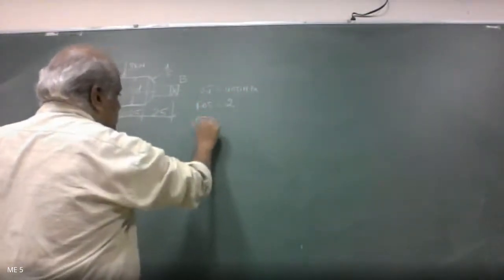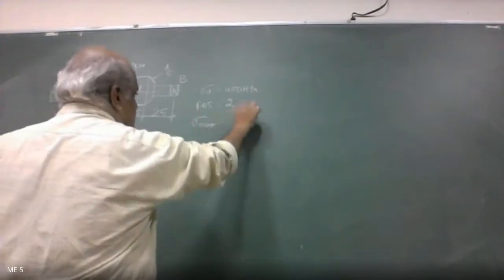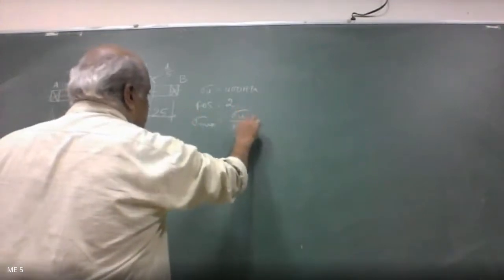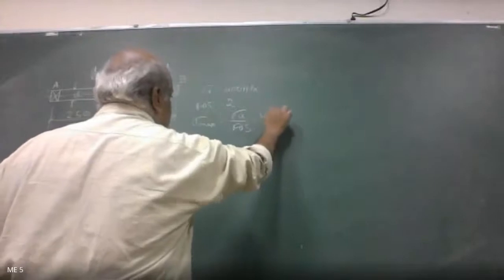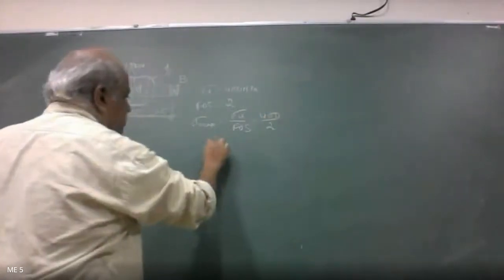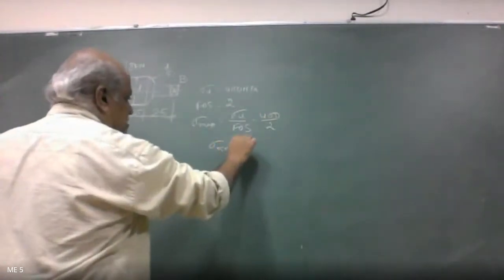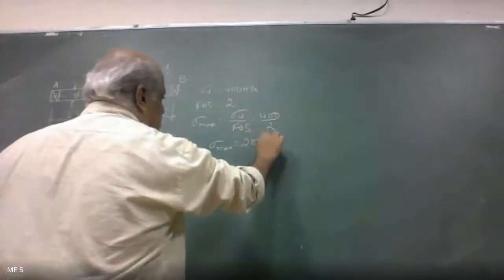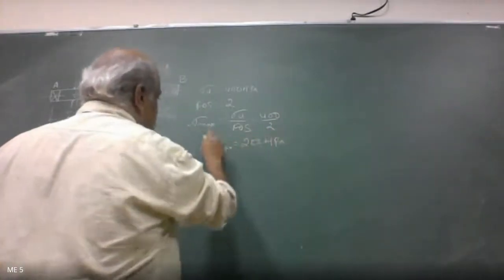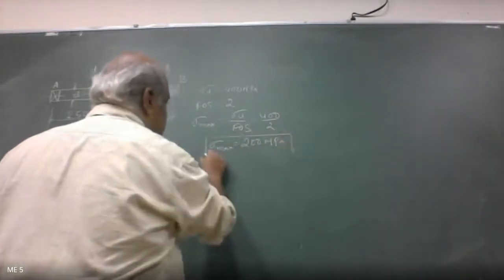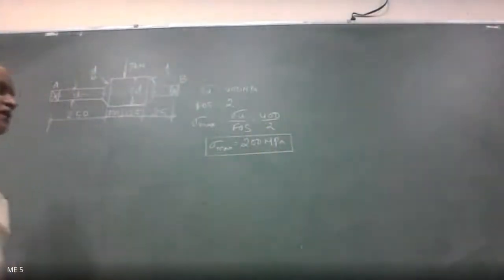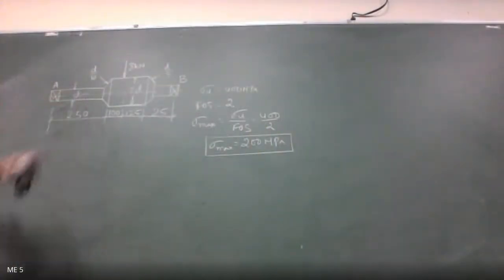Therefore sigma max is equal to sigma ultimate divided by factor of safety, that is 400 by 2, so sigma max is equal to 200 megapascal. With the restriction of maximum stress to be induced in the component as 200 megapascal, we need to find the diameter of the shaft. Are you all there with me? Keep observing on the screen.